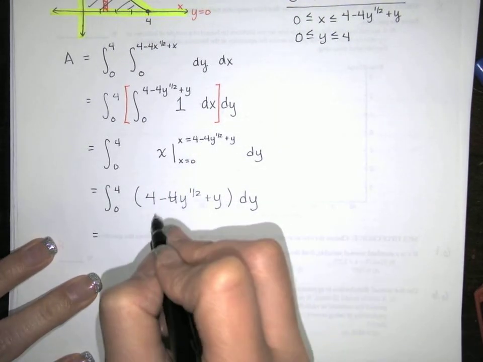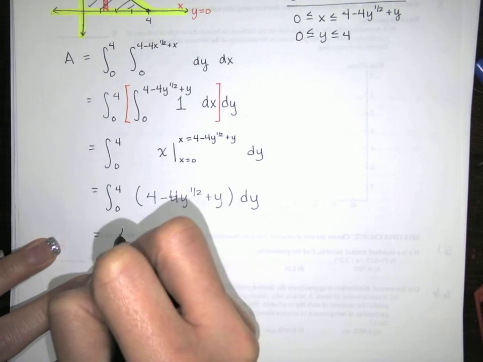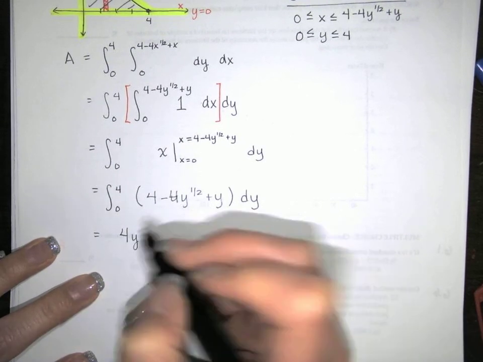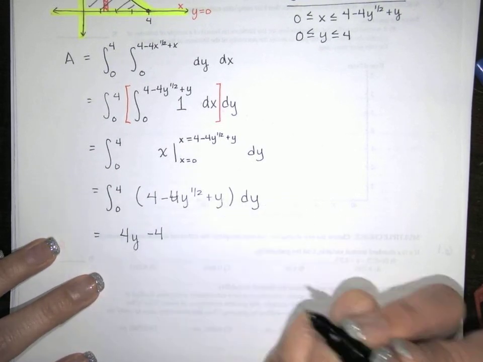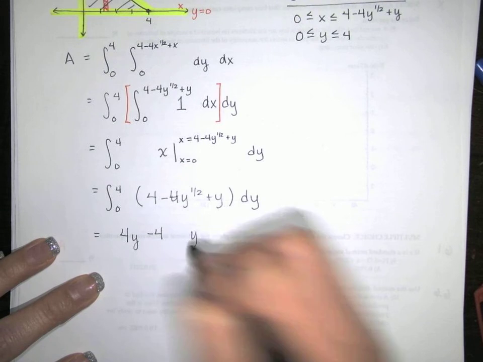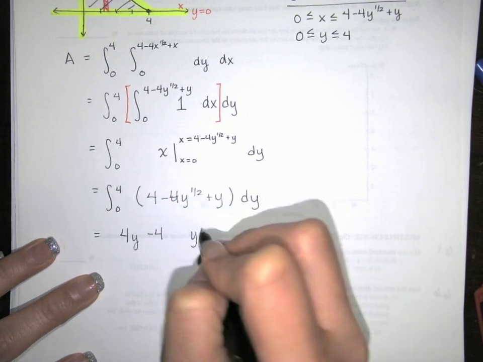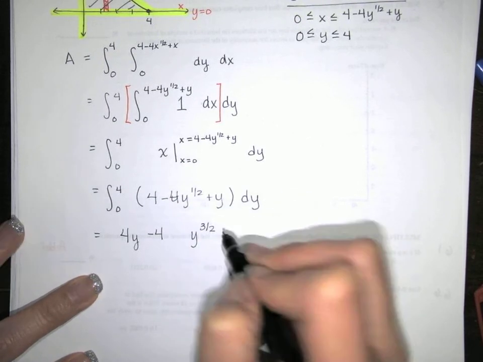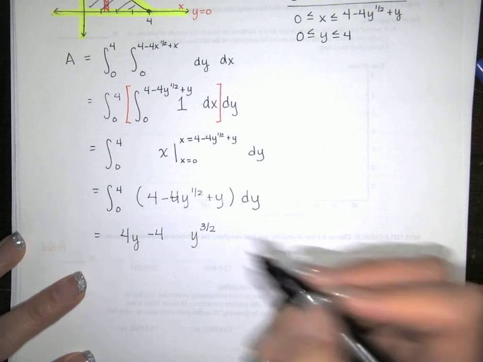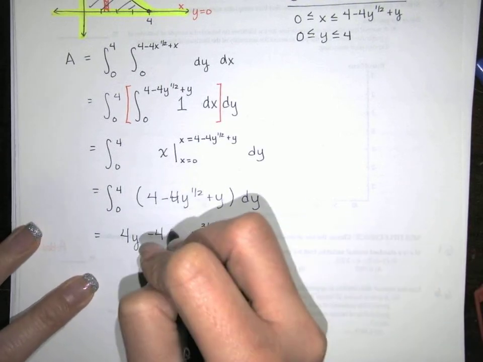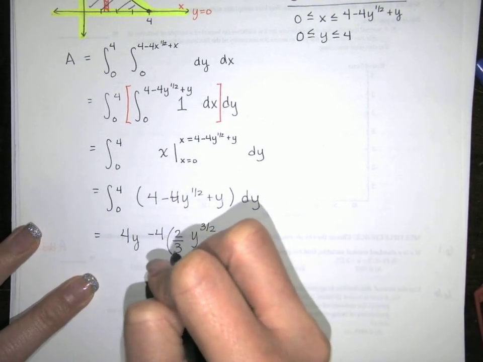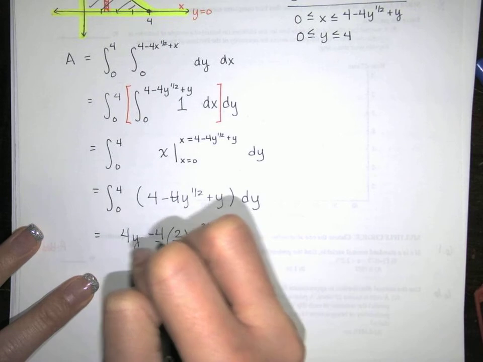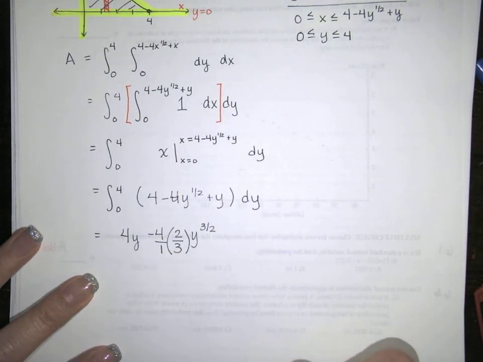Anti-differentiate with respect to y. The antiderivative of a constant with respect to y is just the constant times y. Then we bring the 4 down. Over here we add 1 to the exponent. 1/2 plus 1 is 3/2, and then we divide by the new exponent. Dividing by 3/2 is the same as multiplying by the reciprocal, multiplying by 2/3. I might write that 4 as a 4 over 1.